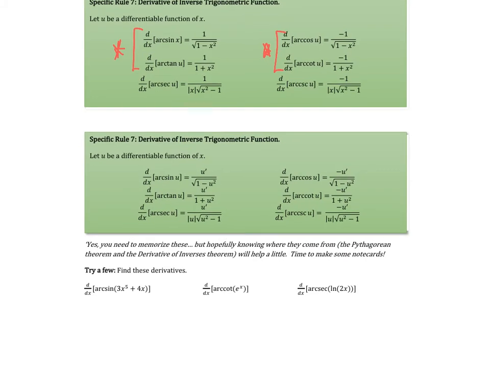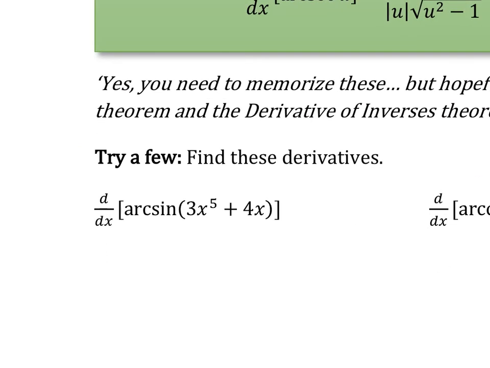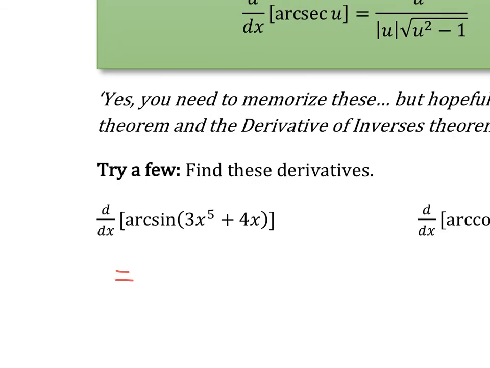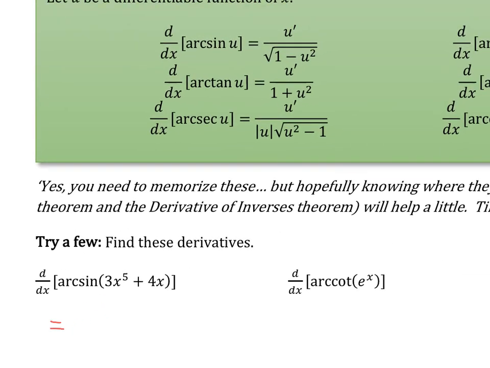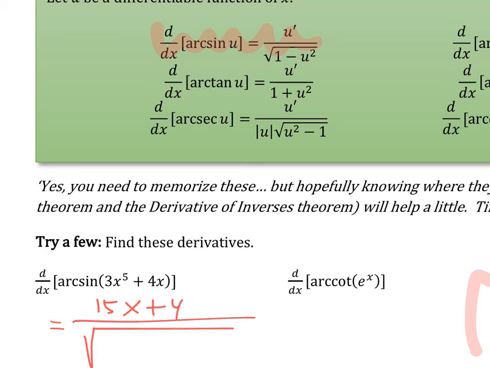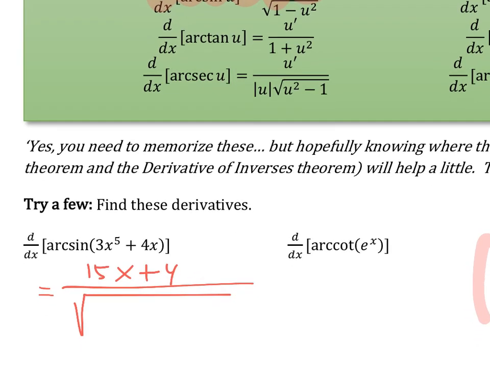All right, so if we want to find some derivatives, a couple quick examples here. The derivative of this, we're going to use our formula here. We've got to take the derivative of the inside. We're using this guy right here. The derivative of the inside is 15x plus 4 all over the square root of 1 minus u squared.